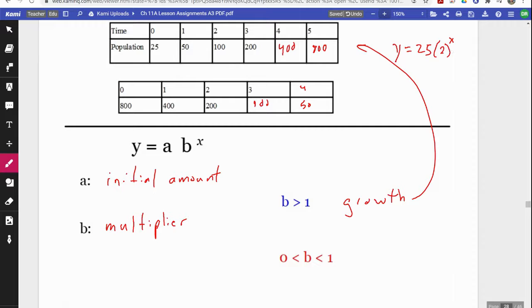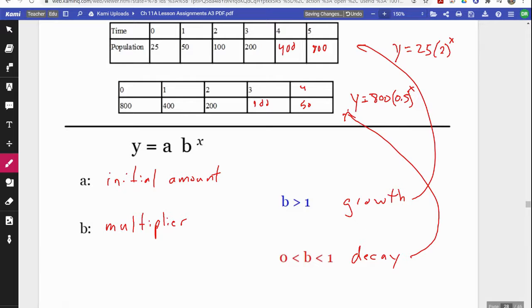And then if we had our multiplier between 0 and 1, this would be what we call a decay situation, where over time the population or the amount is getting smaller, and that would look like this situation. And since each next value is half of the previous, you have your initial value of 800, and then it would be 1/2 or 0.5 to the x.